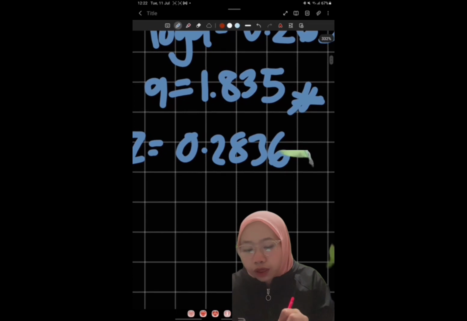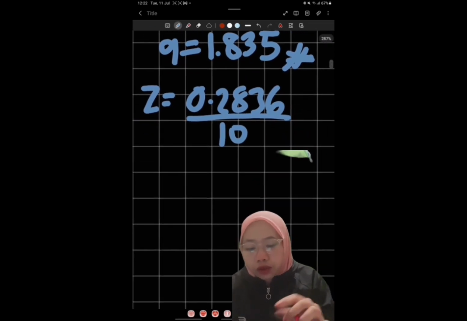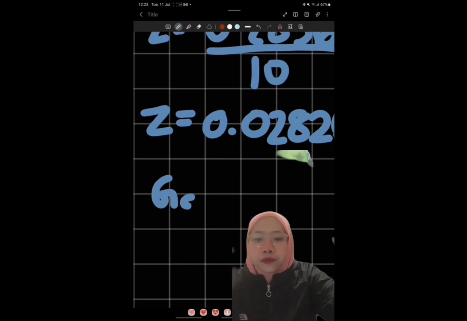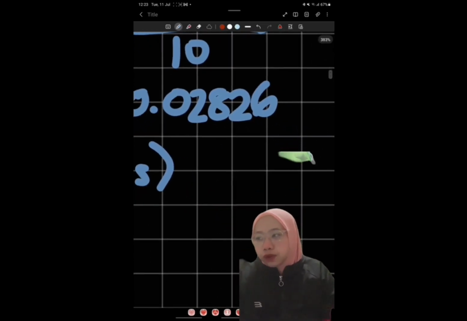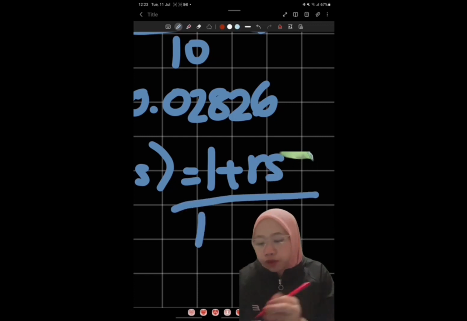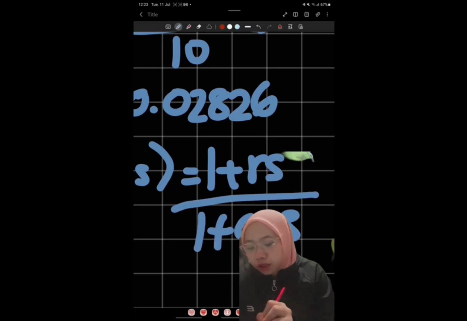Z is 0.2836 divided by 10, and the formula for the transfer function is Gc equal to 1 plus RS divided by 1 plus alpha RS.